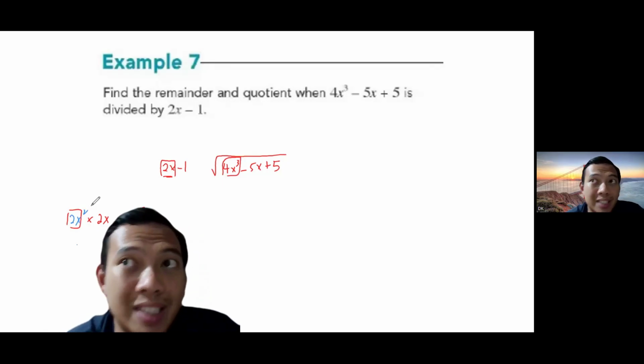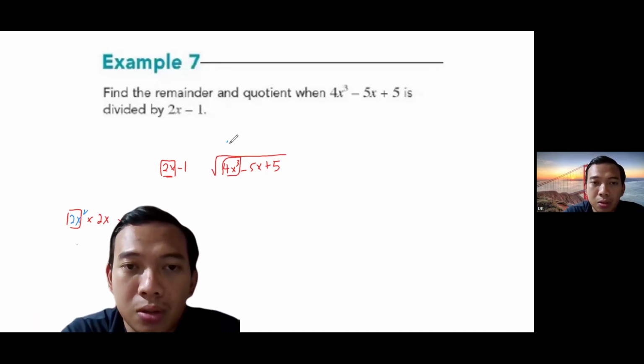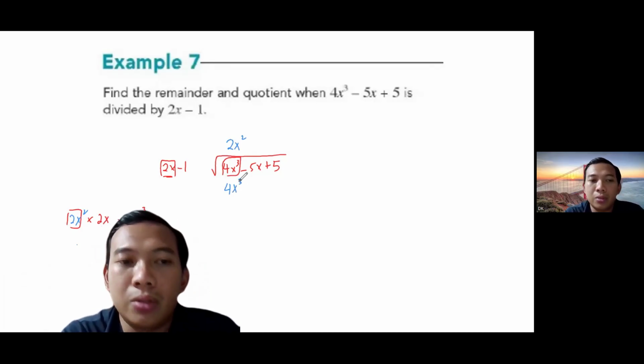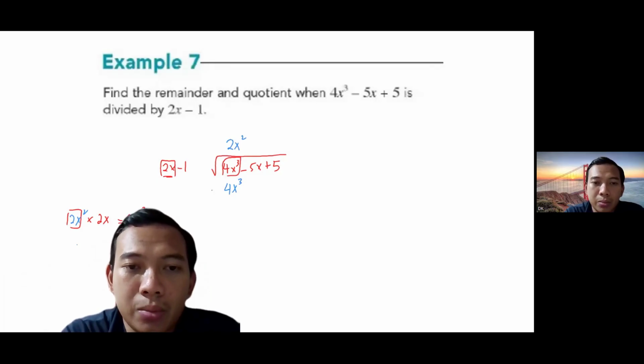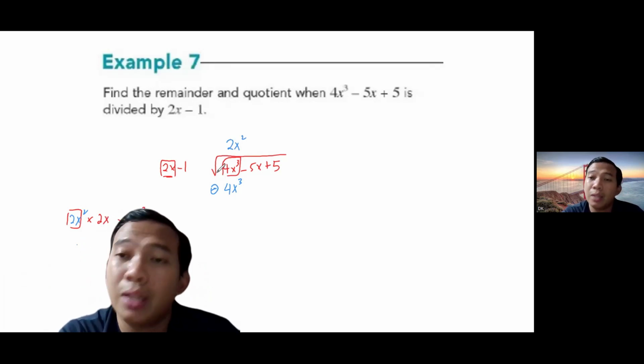So that's how you determine the first expression to be used. So 2x squared times 2x, you get 4x cubed, right? And then don't forget, there will be an automatic minus. So 4x cubed with the automatic minus, you get 0.